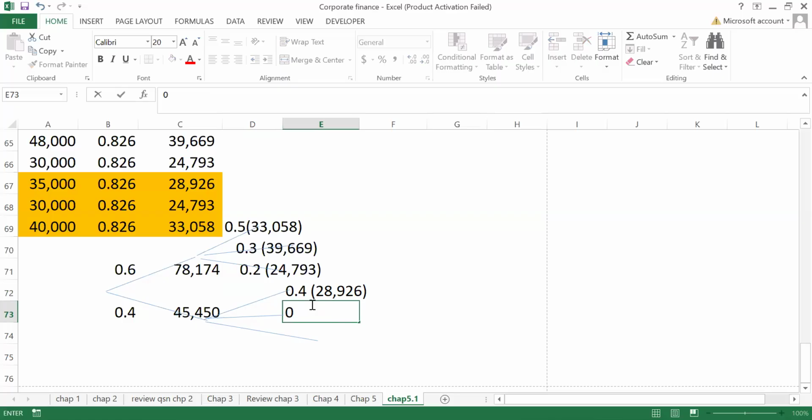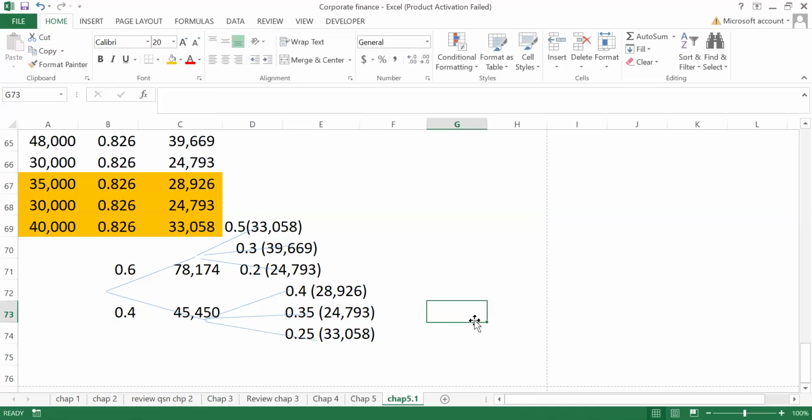This one is 0.35. The cash flows are 24,793. And the last one, it is 0.25. And the cash flows is 33,0.58. I think I've put all the cash flows into my loops in the decision.